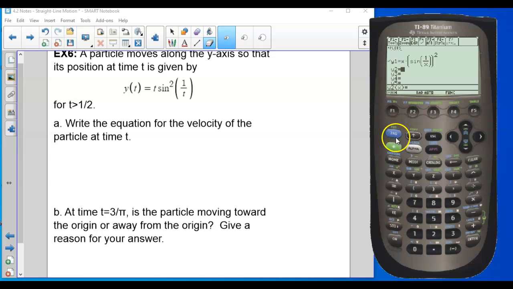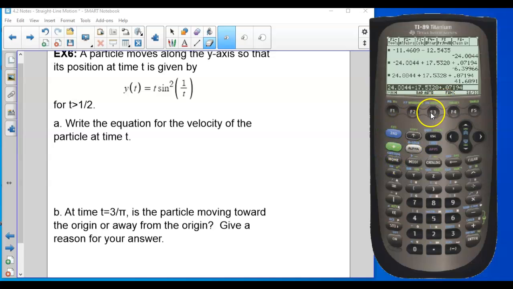And so to take this derivative, if you go back to the home screen, you can just type in F3, differentiate y1 of x, comma x, and it will give us the derivative.